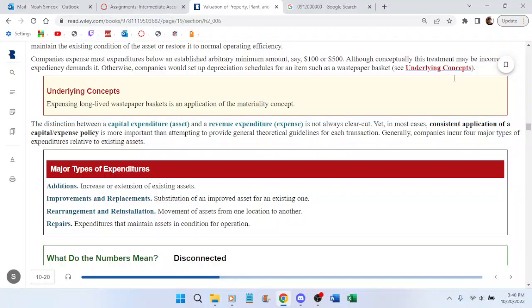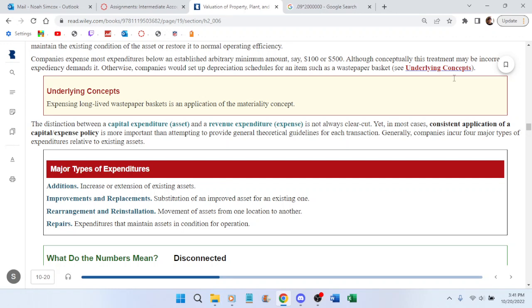The distinction between a capital expenditure and a revenue expenditure is not always clear-cut. Let's just apply our concept consistently. There are 4 major types of expenditures companies incur relative to existing assets: additions, improvements and replacements, rearrangement and reinstallation, and repairs.